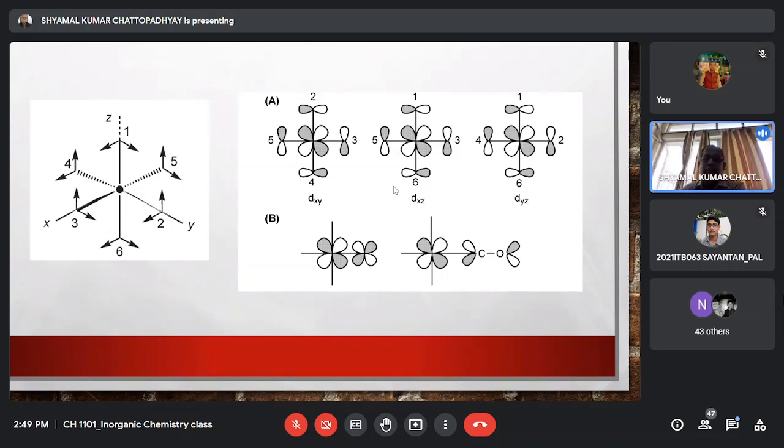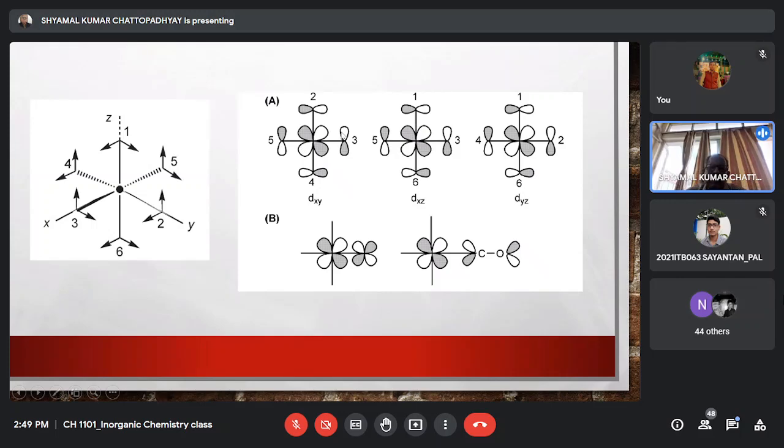Now, apart from p orbitals, some ligands like phosphine or some sulfur ligands, some thiolate ligands, may have filled d-pi orbitals. So pi bonding may be of 3 types. One is the p-pi d-pi overlap, where p-pi is the donor and d-pi is the acceptor.